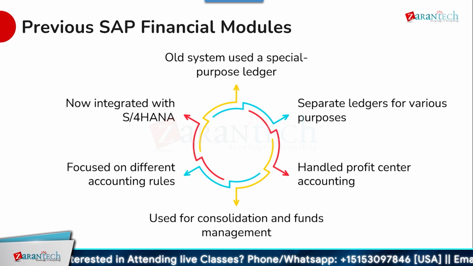So for example, to handle profit center accounting, a separate ledger was maintained to track internal profits. And these ledgers were isolated, which means different rules were applied to different ledgers. That often led to more complex financial processes. But now, with SAP S/4HANA, all of these functions are seamlessly integrated, making financial operations far more efficient and unified.